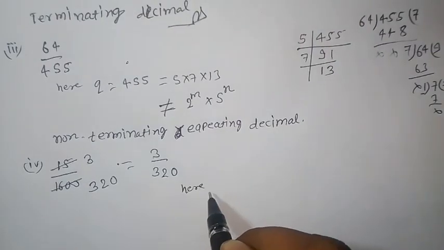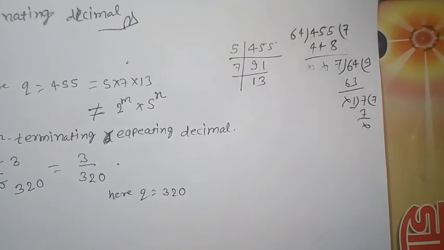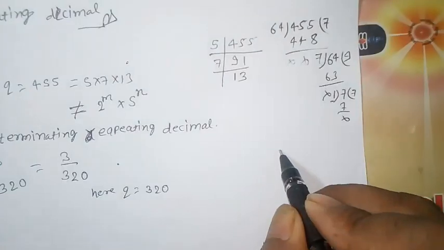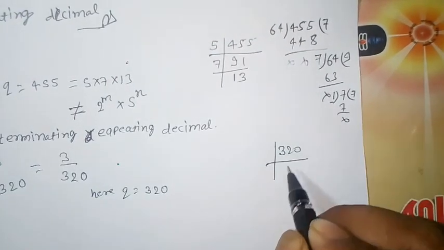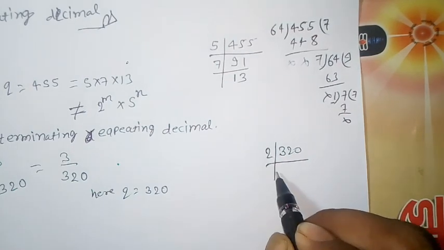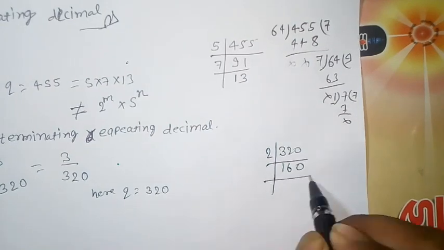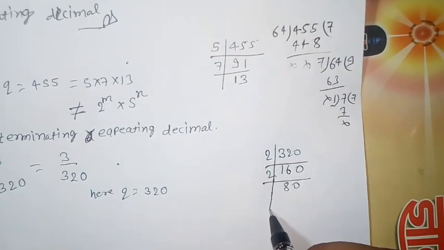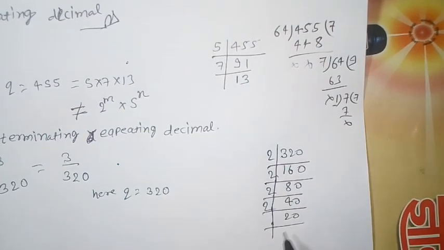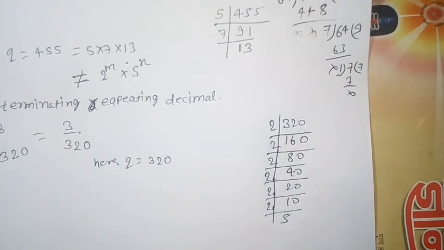Here Q is equal to 320. Find prime factorization of this number. Divided by 2, 160, 80, 40, 20, 10, 5.